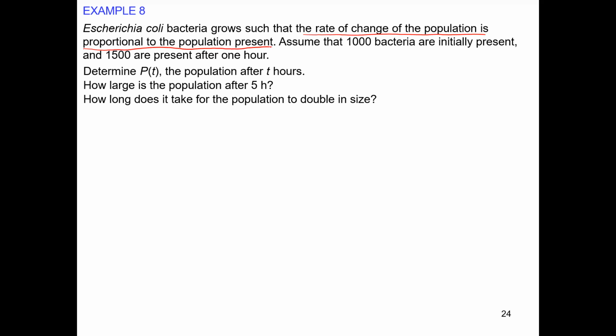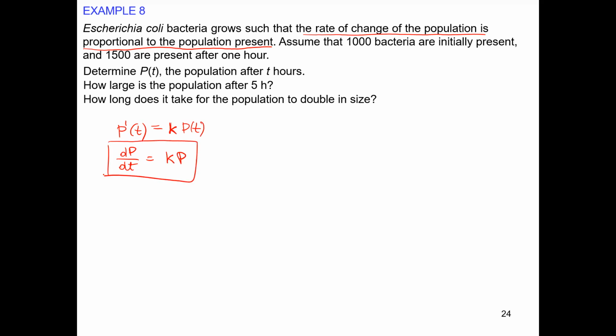From that wording, we can say this: the rate of change of the population, let's say p prime, or if we like the derivative of p with respect to time, is proportional to the function itself, to the population present. We don't know k. Let's say just p.